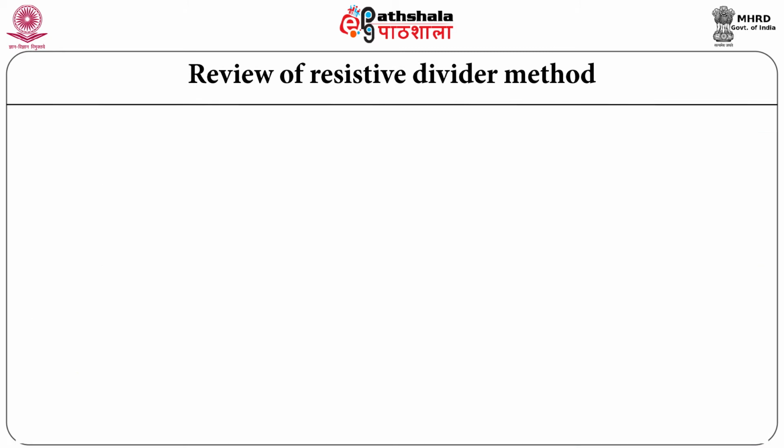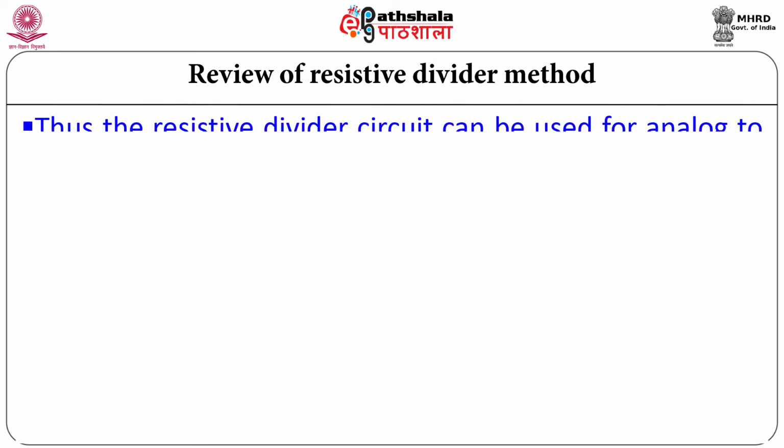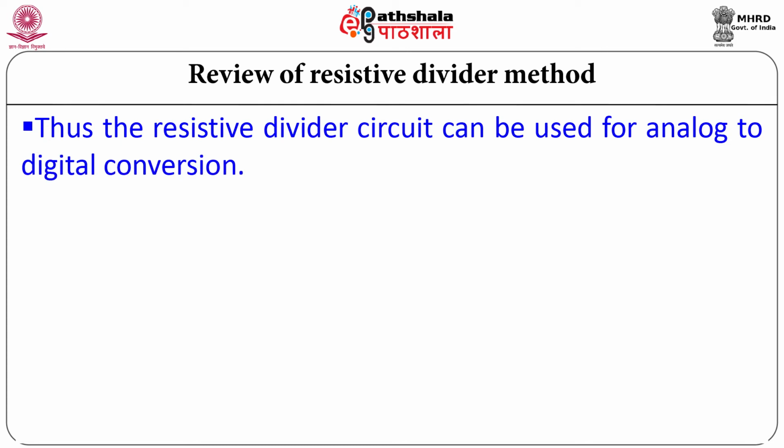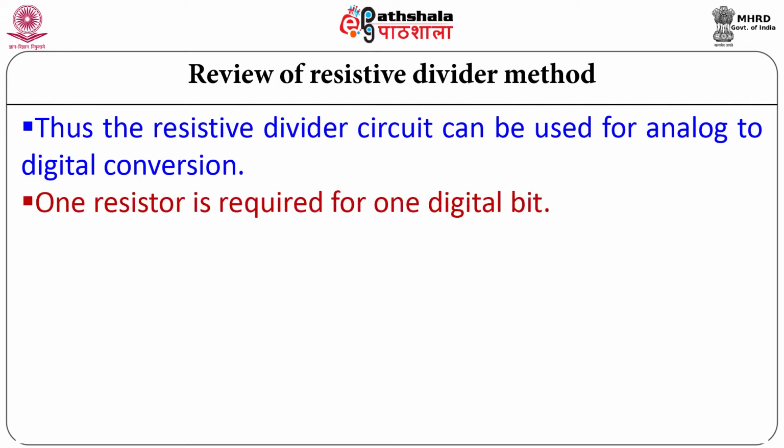Thus, to review the resistive divider circuit which is used for digital to analog conversion, it is found that for the conversion of digital data we require a number of resistors. One resistor is required for one digital bit, that is if we have to convert 4 bit data into equivalent analog form, we require 4 resistors.